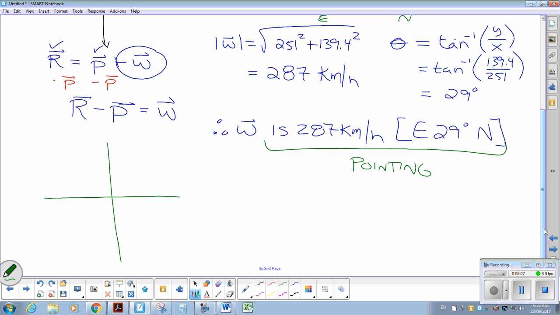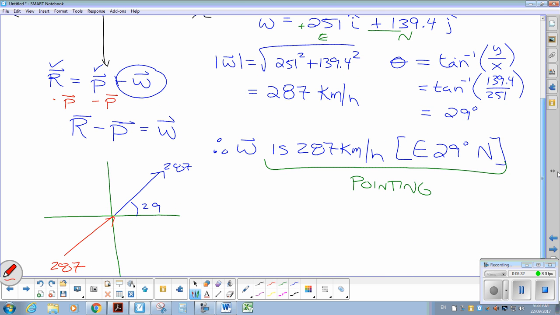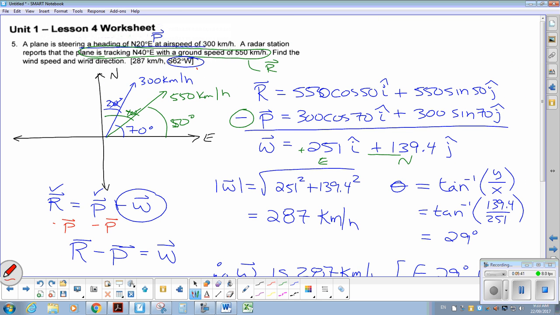We're saying that the wind vector is pointing in that direction at 287 at an angle of 29. The answer given is actually where it's coming out of. So they're saying it's 287, and their angle there was 62 degrees. So pointing, and the answer here is out of.